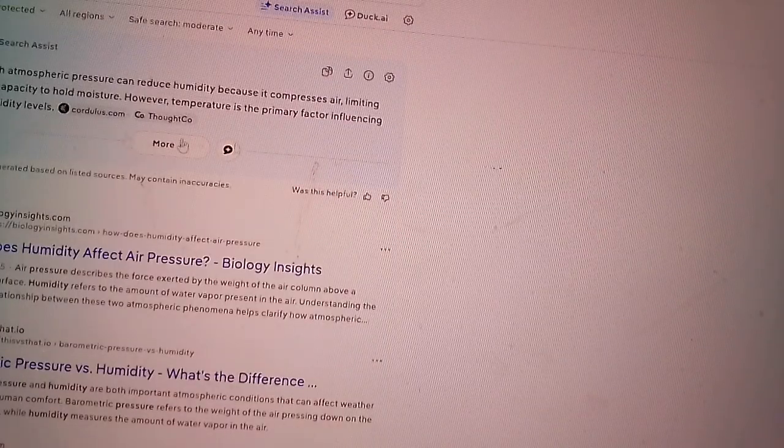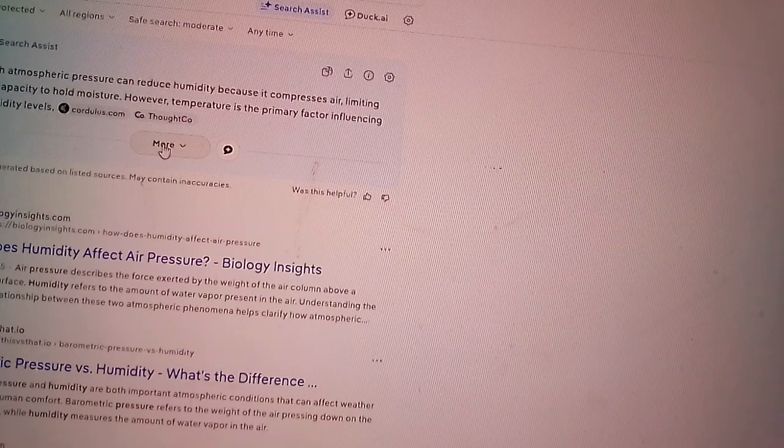Now, high atmospheric pressure can reduce humidity because it compresses air, limiting the capacity to hold moisture. However, temperature is a primary factor in influencing humidity levels.